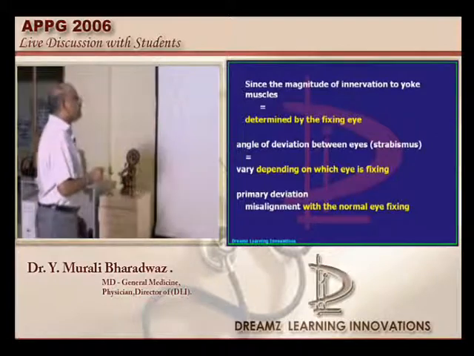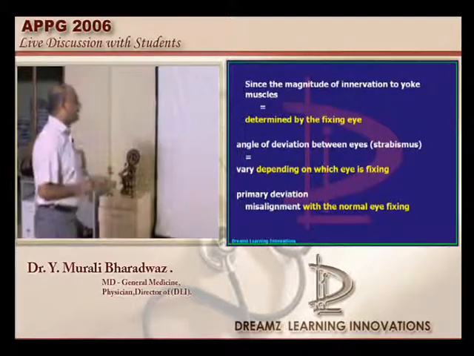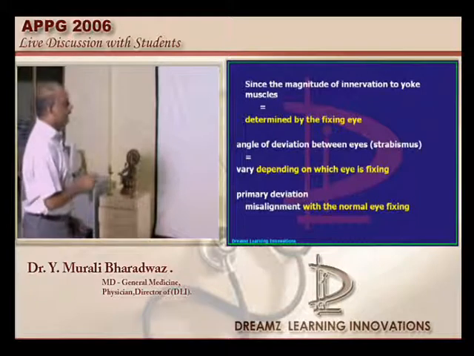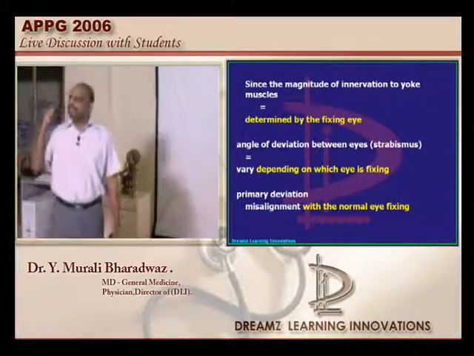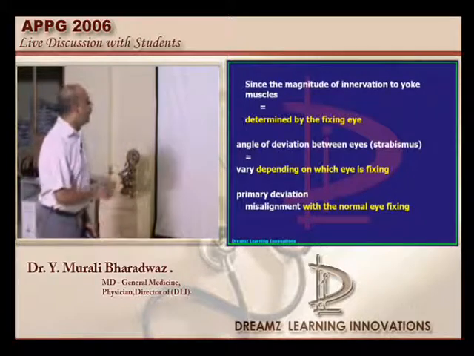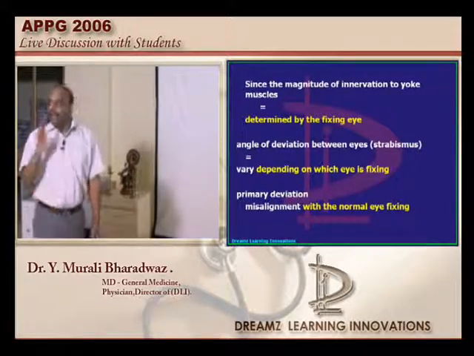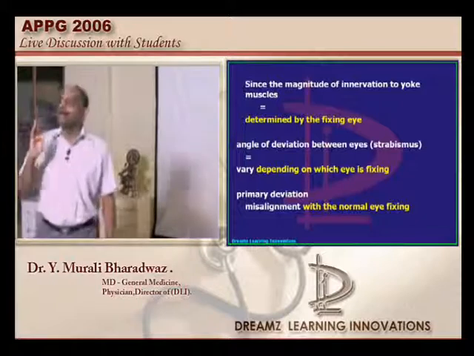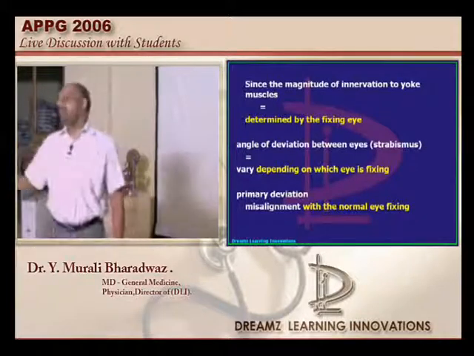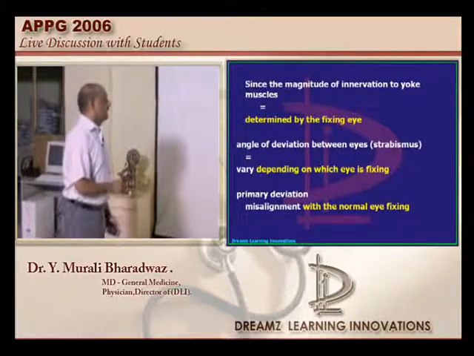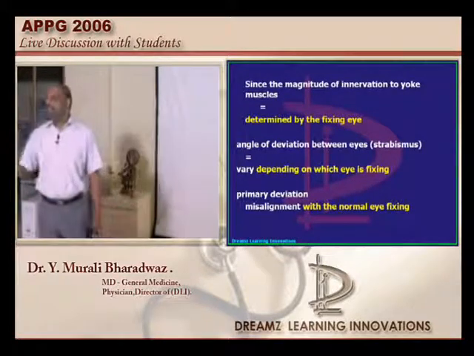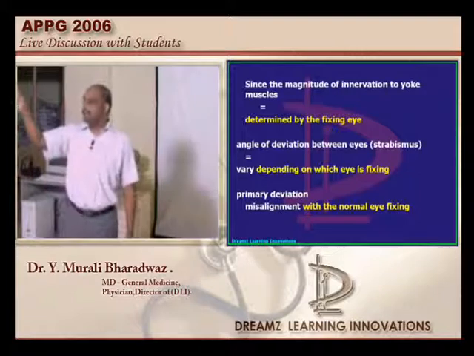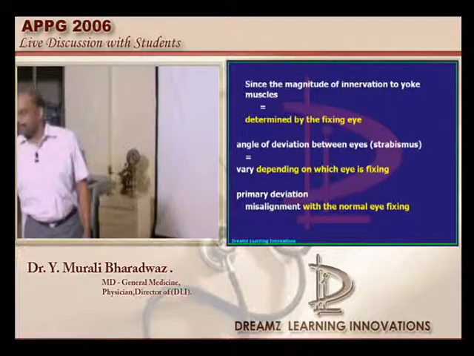The angle of deviation between the two eyes depends on the eye which is fixing. Suppose you have one paralyzed eye and one normal eye. If the normal eye is fixing, then the deviation which is created is called the primary deviation. Whereas if it is the paretic eye that is fixing, then the deviation is called secondary deviation.